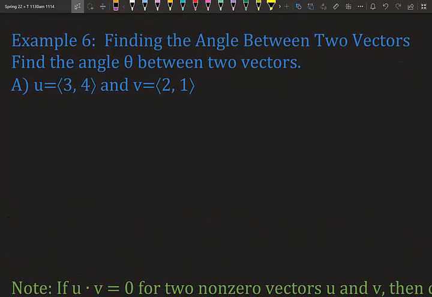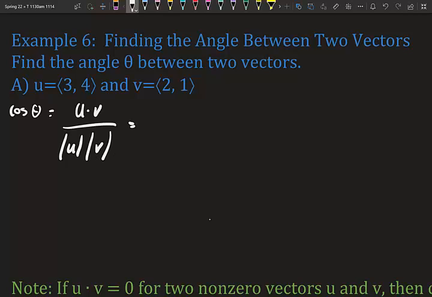Let's find the angle theta between two vectors. To find the angle, it's a formula: cosine theta equals u dot v over the magnitude of u times the magnitude of v. So u dot v, we're going to multiply them together, and then for our denominators, we have to use those formulas.